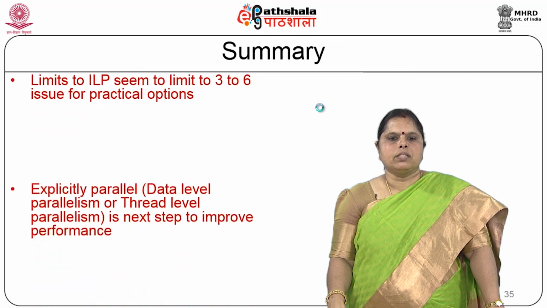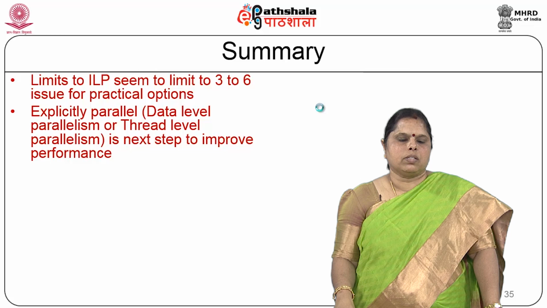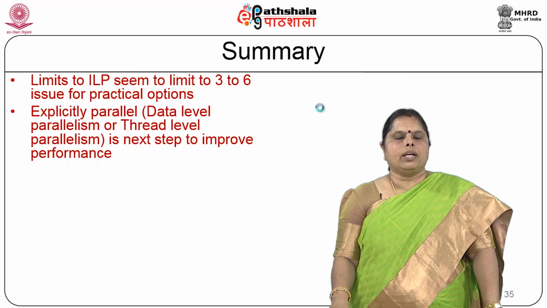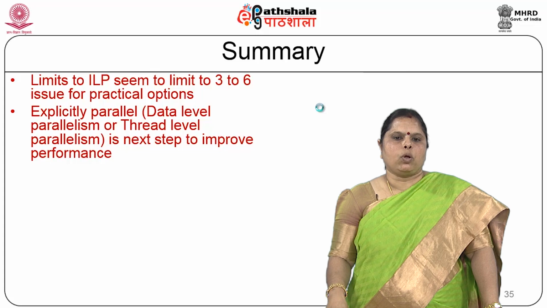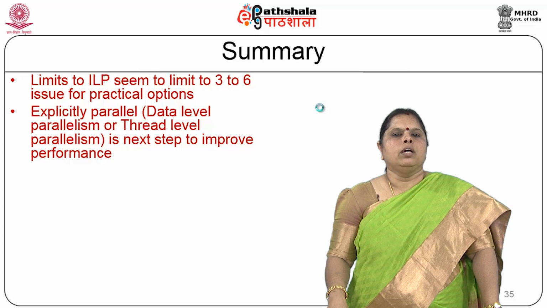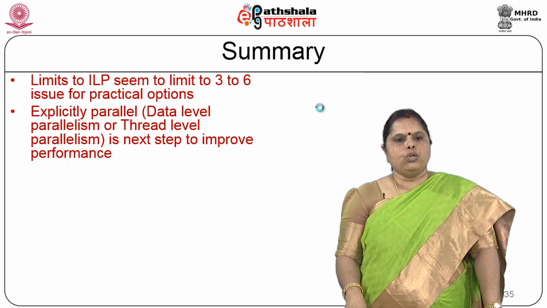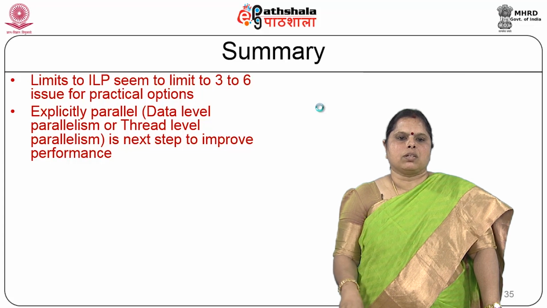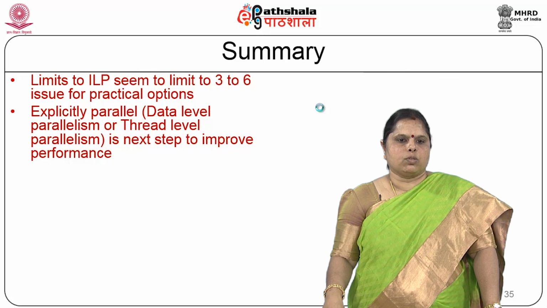So, to summarize, we pointed out the limitations to instruction level parallelism. In spite of looking at different techniques, both hardware as well as software techniques to exploit the instruction level parallelism, there is a limitation to ILP, and people have identified that it is not possible to issue more than 3 to 6 instructions every clock cycle, even with lots of ILP being exploited.